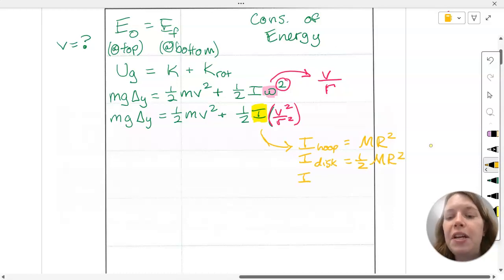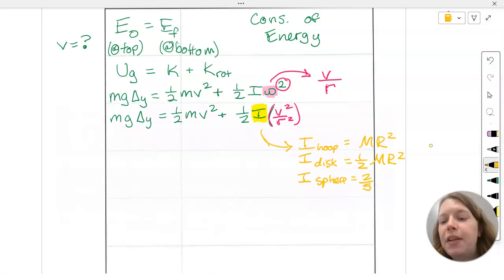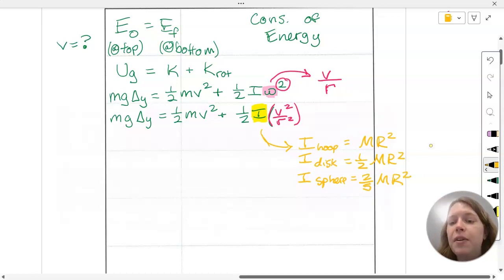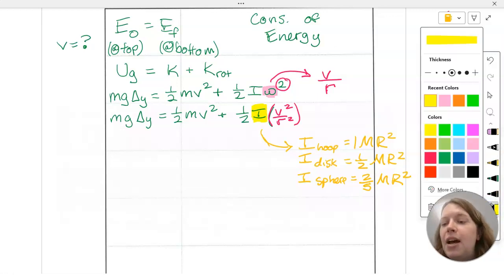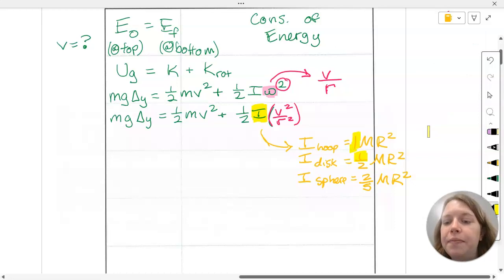I for a solid sphere is 2/5 mr squared. So the general form of the moment of inertia, or rotational inertia, is a coefficient times mr squared.